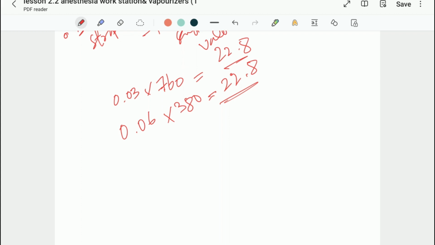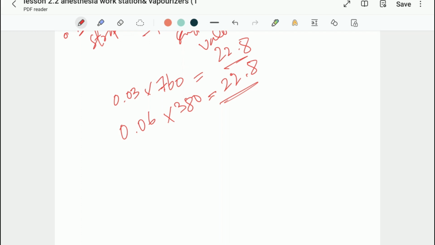Also, at very high flow rates, there is a cooling effect, which accelerates the loss of the latent heat of vaporization. While the temperature compensation mechanisms attempt to mitigate this, they may be overwhelmed because the gas flows so rapidly, and the cooling at very high flow rates leads to a fall in the saturated vapor pressure and a subsequent drop in the output. So these three features cause lower output than intended at very high gas flow rates.